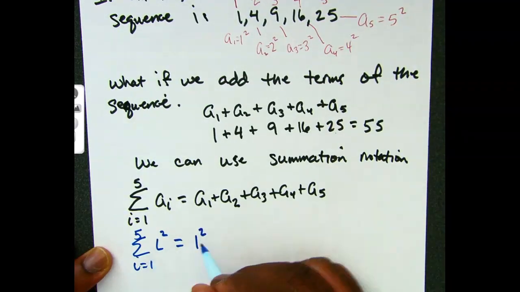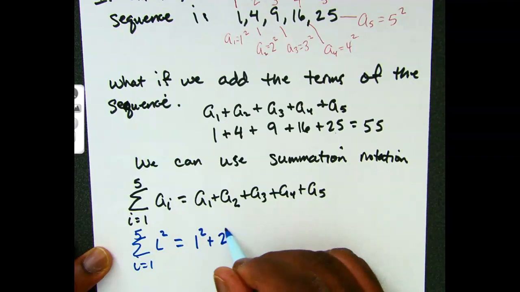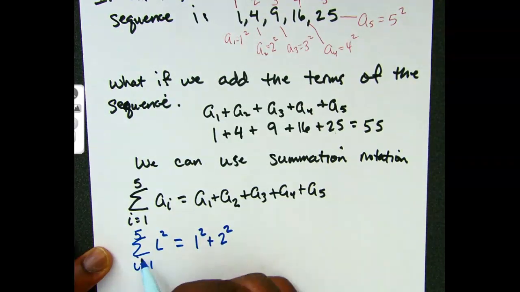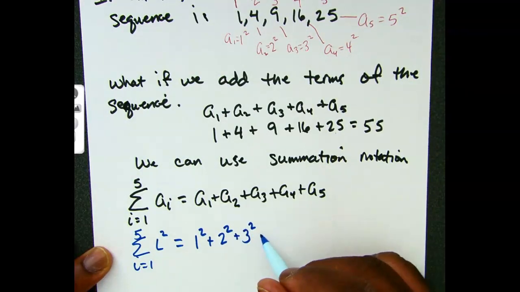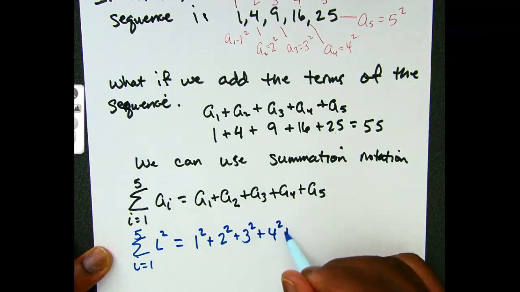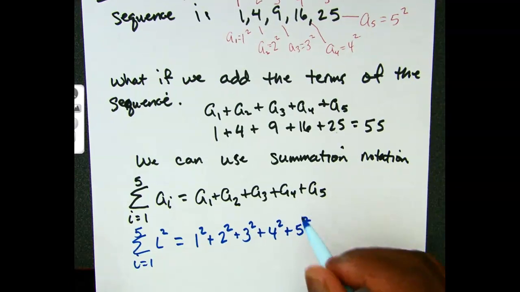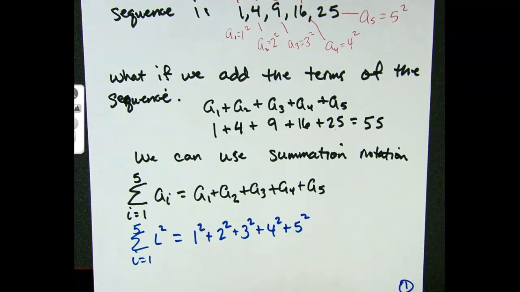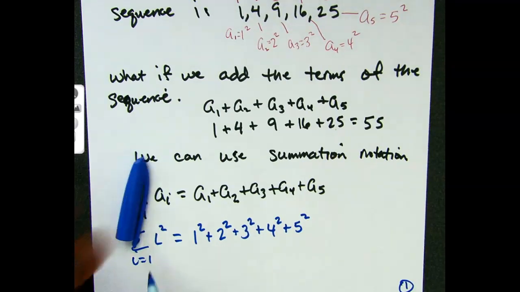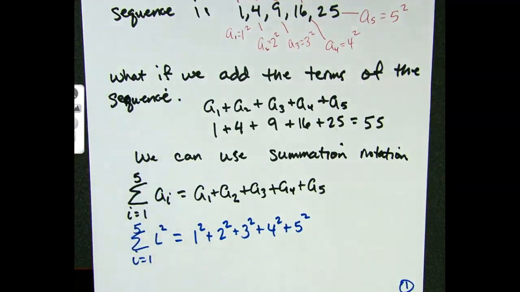Then when i is 2, 2 squared. So i goes 1, 2, 3, 4, 5. When i is 3, 3 squared plus 4 squared plus 5 squared. So there's our general term there. Summation. And then we would add those up.